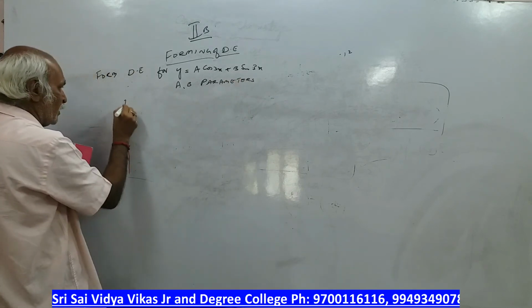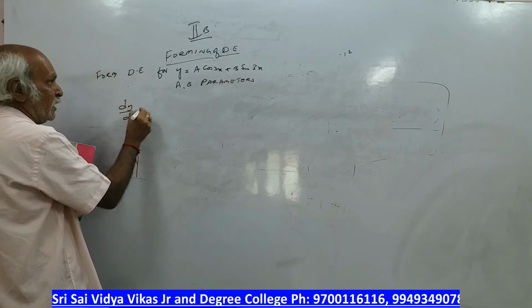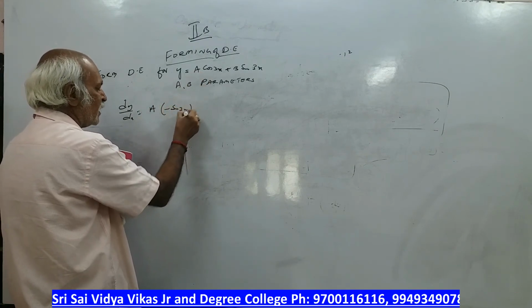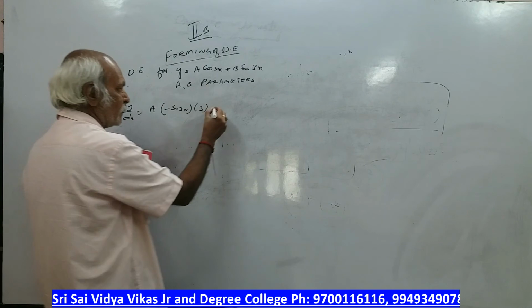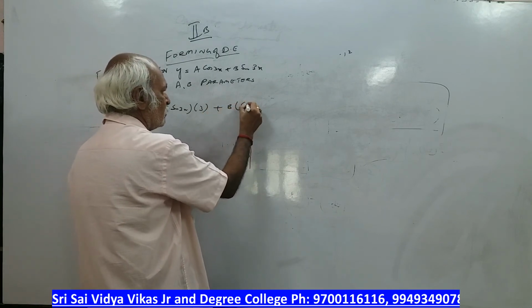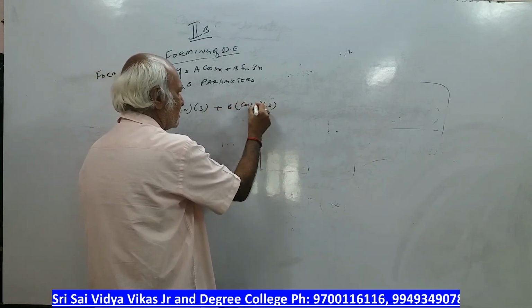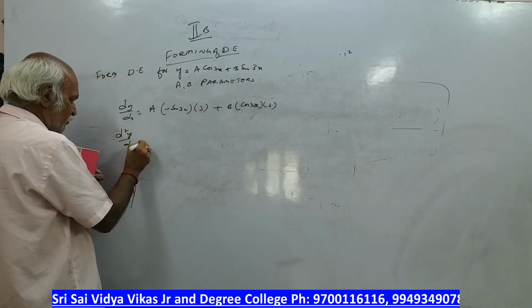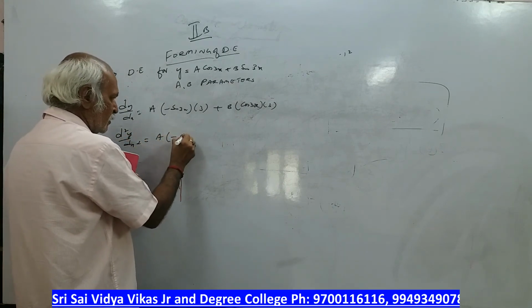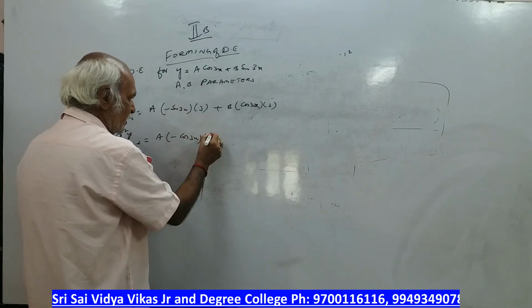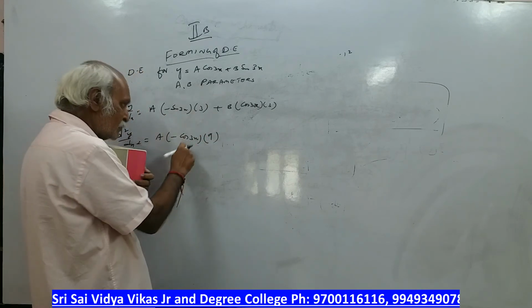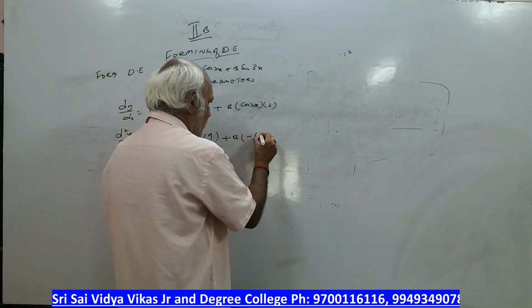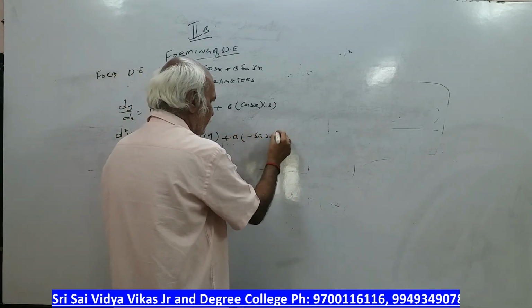Right? First, look at here. dy/dx is equal to a into minus sin 3x into 3 plus b into cos 3x into 3. Again, d²y/dx² is equal to a into minus cos 3x, 3 into 3, 9, because again derivative, again 3 will come, b into minus sin 3x into 9.